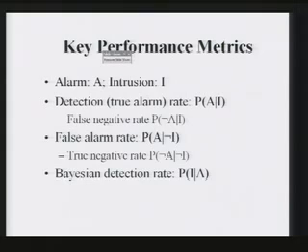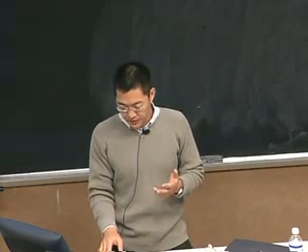And then some people like to use false negative rate, and the false alarm rate is also important. You can't ignore false alarm rate, because if the IDS is giving you a lot of false alarms, then people will stop using it. And then the third one there, Bayesian detection rate, is also very important, but tends to be overlooked. So that's a metric that I want to explain more.